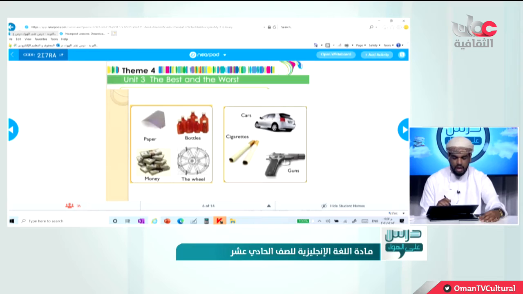He mentioned money and the wheel because it is important for transportation. About the worst inventions, he chose cigarettes first, based on some statistics, then the cars, which are killing people in traffic accidents. After that, he chose guns and nuclear weapons, as you see in your course book. All right, so anyone has the right to choose which is helpful for him and which is bad for him.